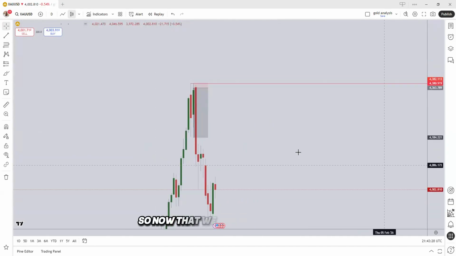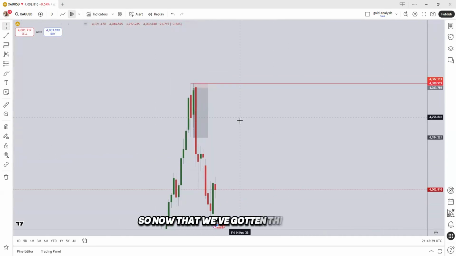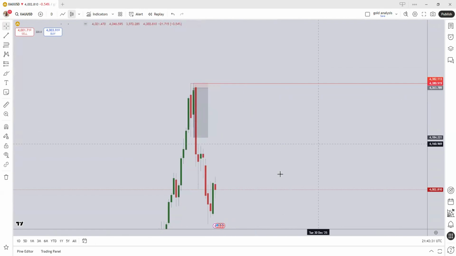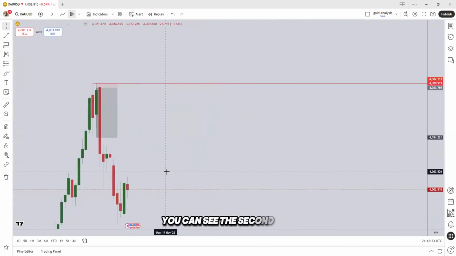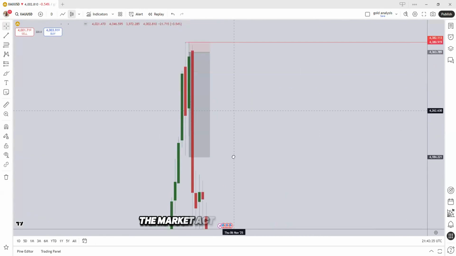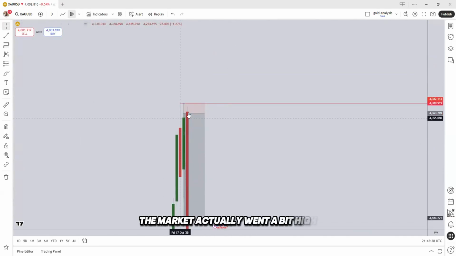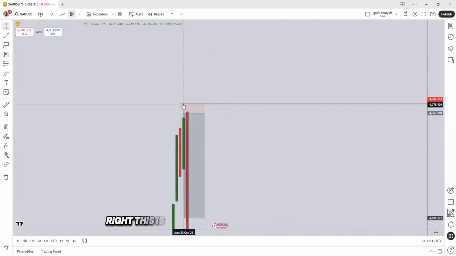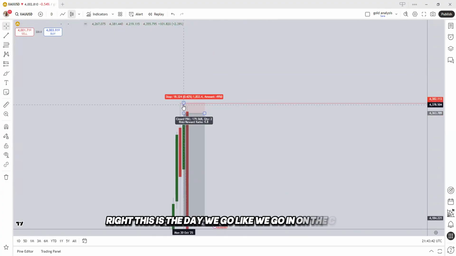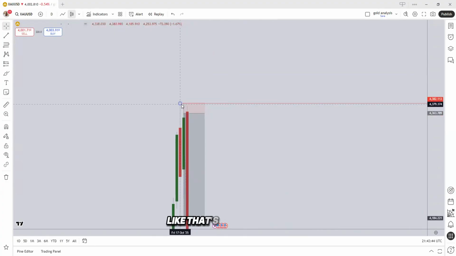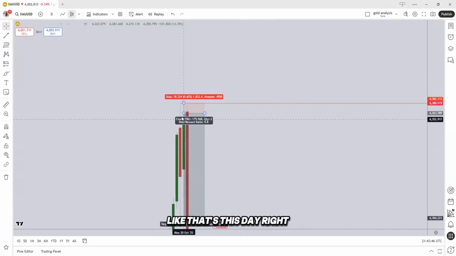So now that we've gotten this entry, you can see the second day the market actually went a bit up. Right, this is the day we go in on the sell. The market has actually fixed our entry.